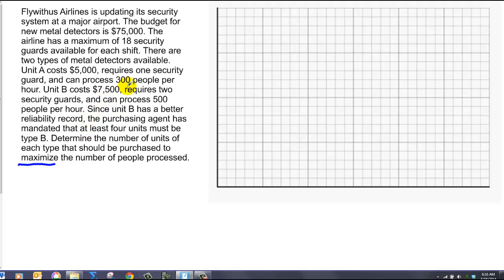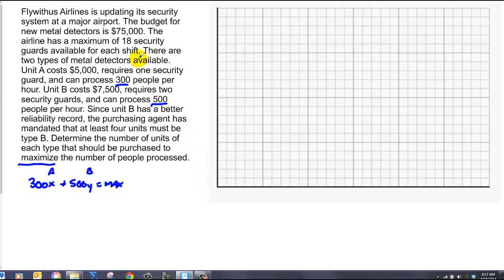Here I see process 300 people for unit A and process 500 people for unit B. So let's go ahead and write 300x plus 500y equals a max. And again, x is going to be A and y is going to be B.